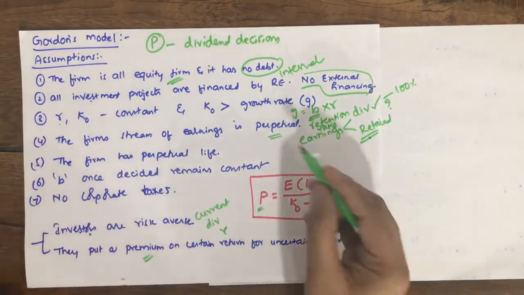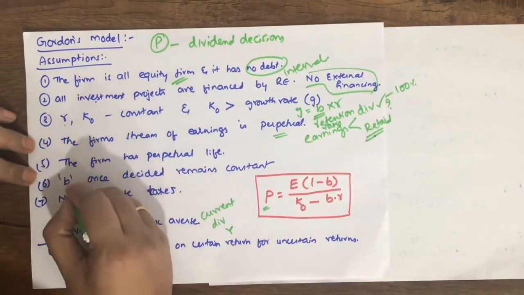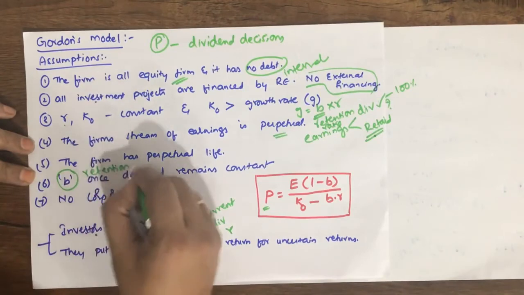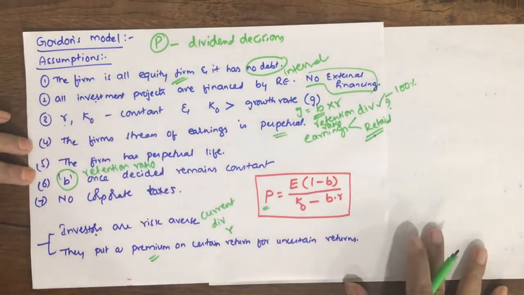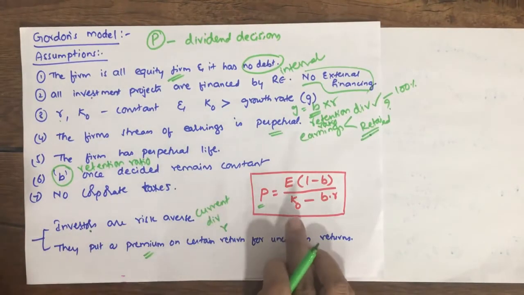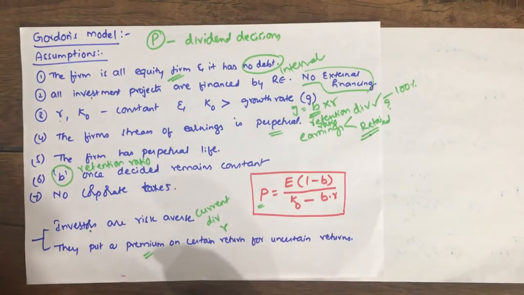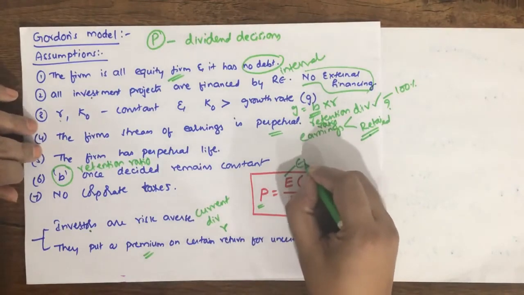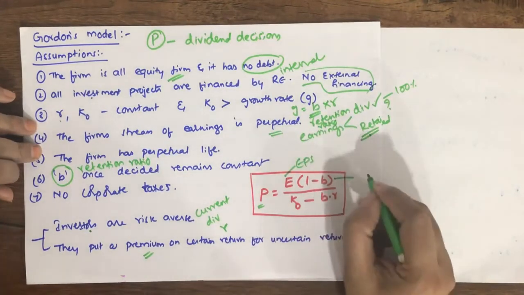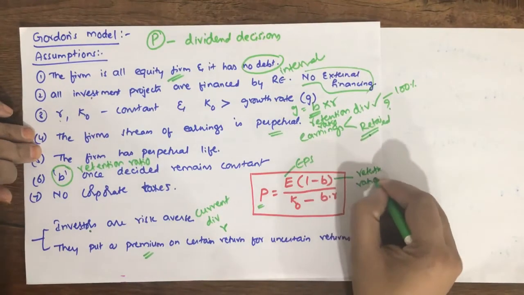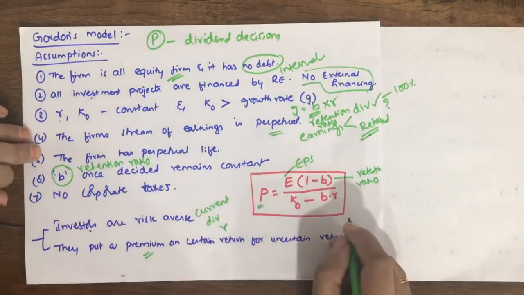And B, the retention ratio or plowback ratio, once decided, remains constant, and there are no corporate taxes. This is the formula we can apply to find the market price of a share, where P is equal to E into 1 minus B divided by K0 minus B into R. Here E stands for EPS, B stands for retention ratio, and K0 is the overall cost of capital.